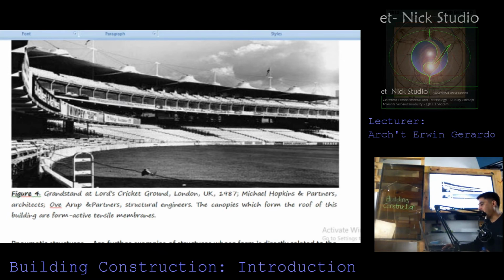The year is 1987. It was designed by Michael Hopkins and Partners, who are architects, together with their structural engineers, Ove Arup and Partners. The canopies which form the roof of this building are form active tensile membranes.